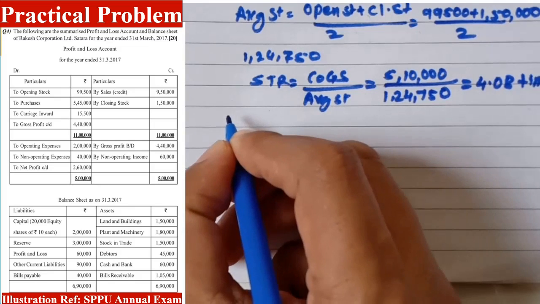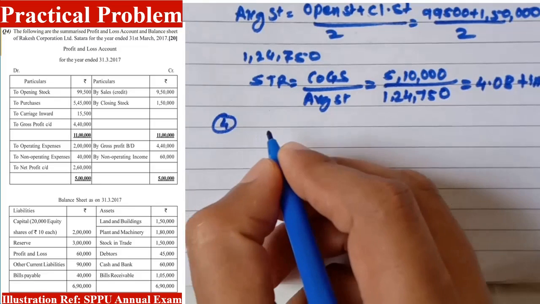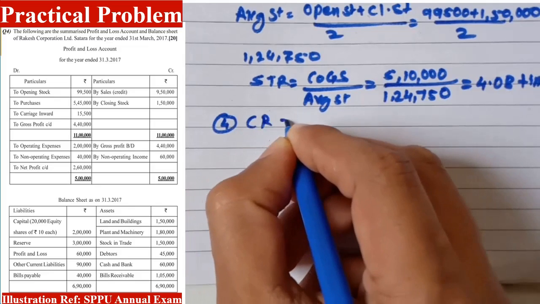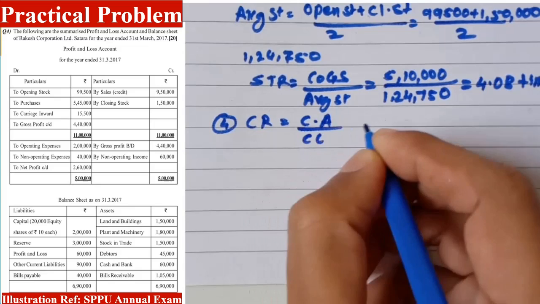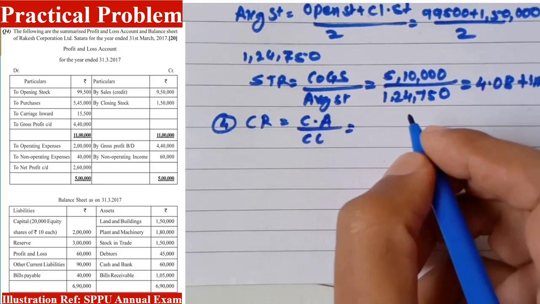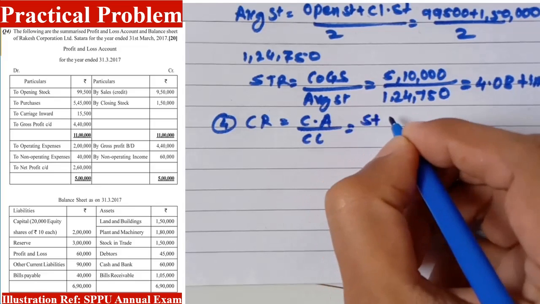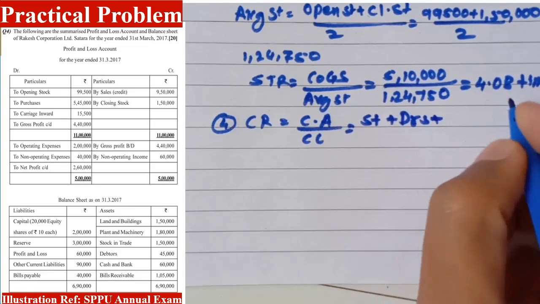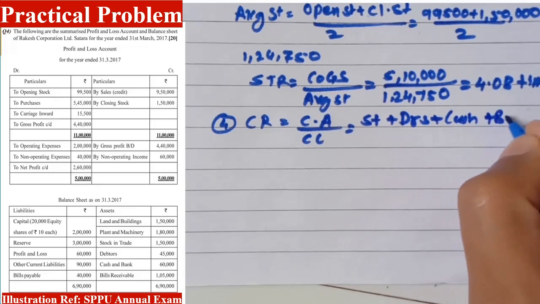Let us move forward and calculate the next ratio, that is current ratio. Now current ratio is equal to current assets upon current liabilities. In this problem, the current assets are stock, debtors, cash, and bills receivable.